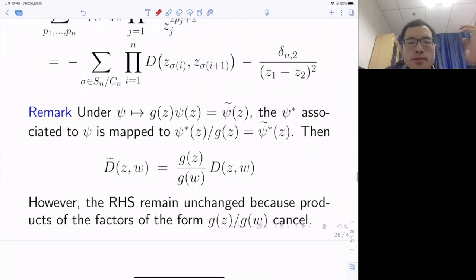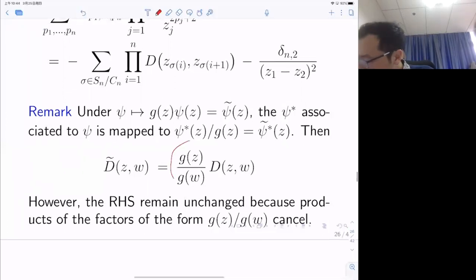Previously we mentioned the freedom of the pair. We can multiply an arbitrary formal power series g(z) with constant coefficient to psi, and also divide this g(z) from psi star. This effect will give a different capital D tilde.